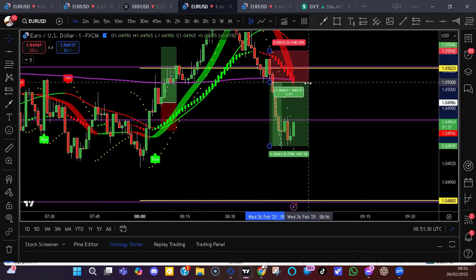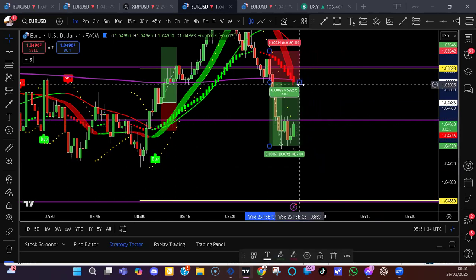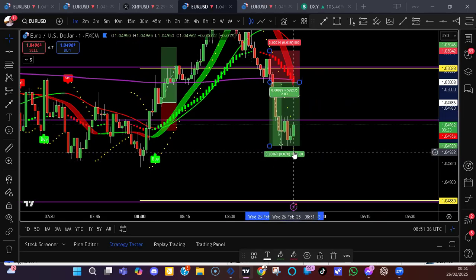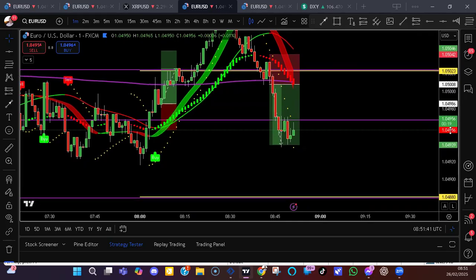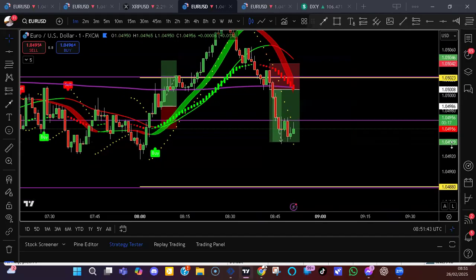So I'm now really relieved and happy that I've done what I've done because the parallel SAR now has flipped the other way. And I took out the equivalent of 1.7% of my trade, which I'll mark up on my journal a little bit later on. And I'm happy I've done that.